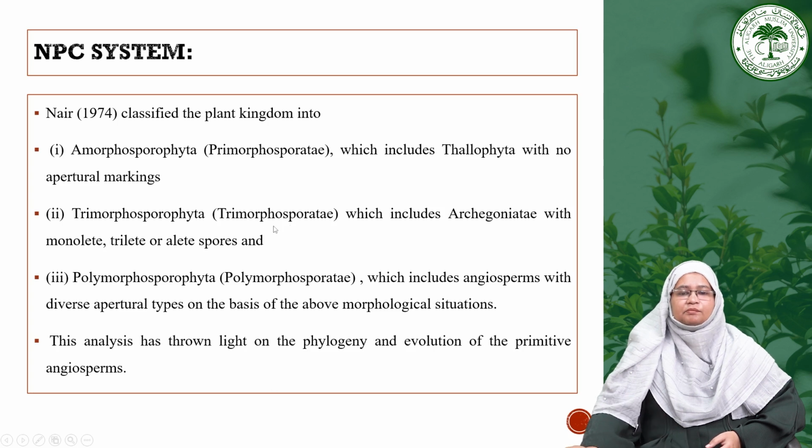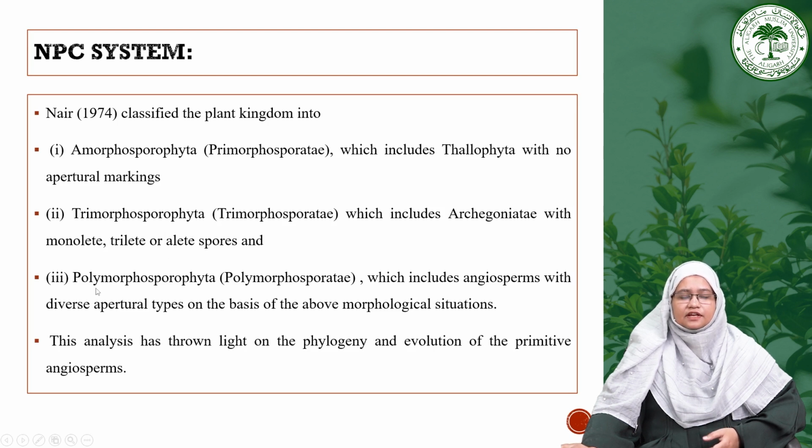And now classified the plant kingdom depending upon their characters, like Amorphophyta or Primophorophyta, which includes thallophytes with no aperture markings. Then Trimorphophyta, which includes the archegoniates with monolete or trilete spores.